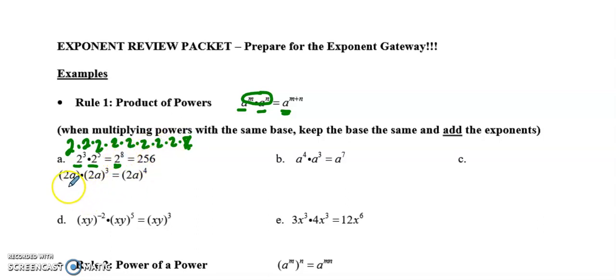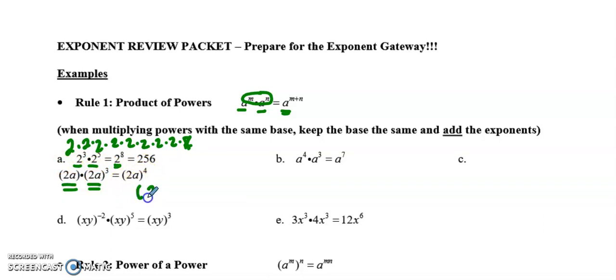Now this one's a little bit tricky. If you take a look at this, you have two bases that are the same. So 2a and 2a to the third. So we're going to keep the entire 2a base the same, and I'm seeing this entire set of parentheses 4 times. So 2a to the fourth.